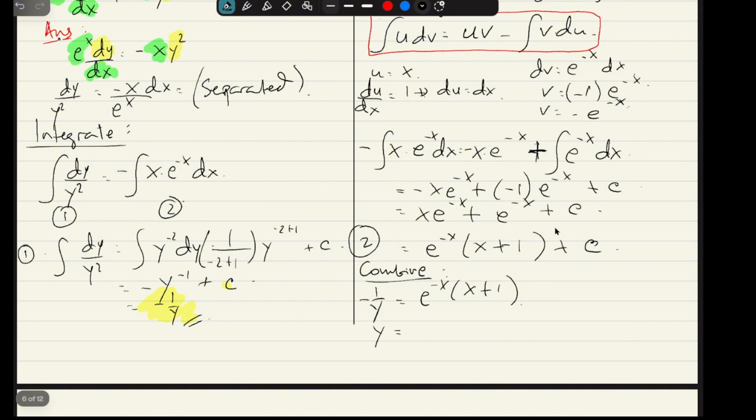So this will become negative of 1 over e to the negative x multiplied by x plus 1, can be like that. Okay. Plus a constant c.